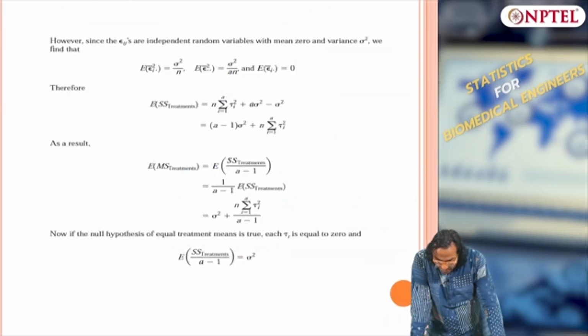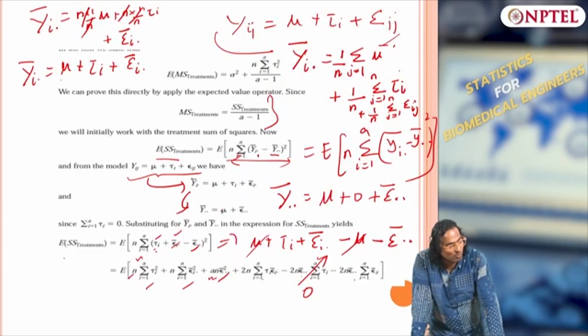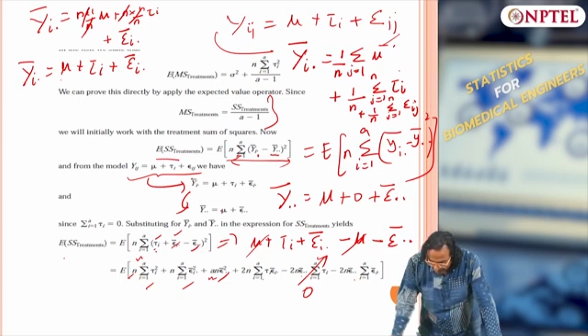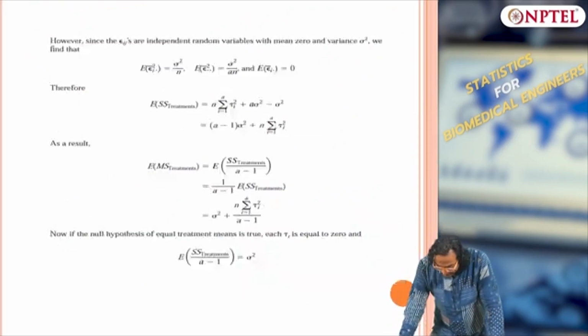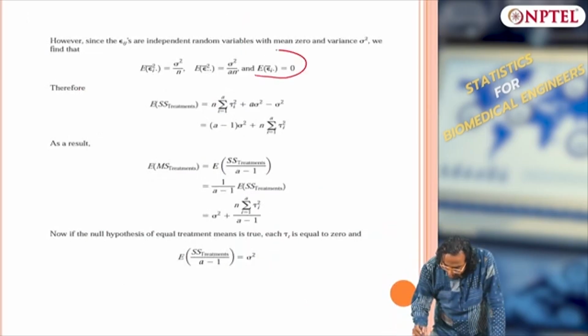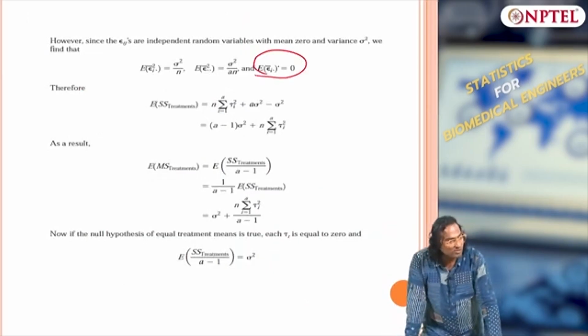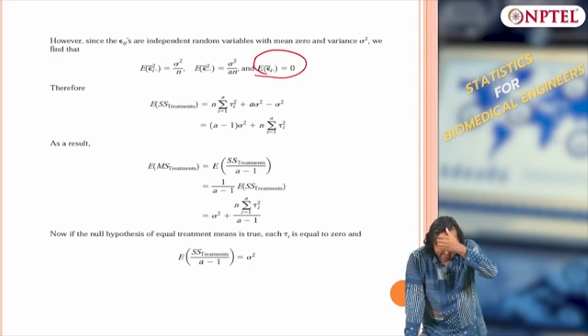And we all know what is expectation of noise, what we have taken? Expectation of noise is 0, mean of noise is taken to be 0. So, what is expectation of epsilon ij? Remember, expectation is sitting outside. Okay. So, if I take expectation operator inside, expectation of epsilon I dot bar equal to 0. So, the noise term is 0.